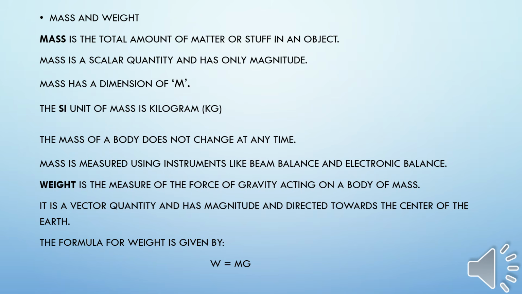Now let's begin with mass. Mass is the total amount of matter in an object. Yes, the amount of stuff in an object is mass. It's a scalar quantity and has only magnitude. Mass has a dimension of capital M and SI unit of kilogram.